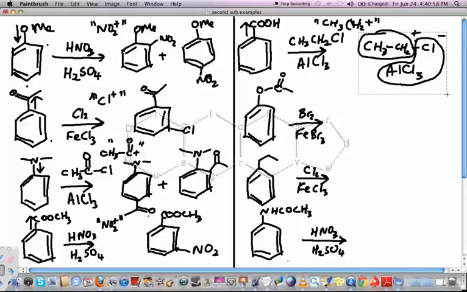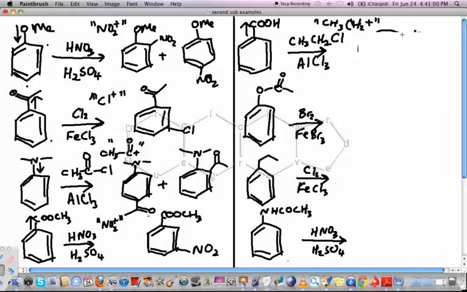Remember, the rule for rearrangements is that if it can rearrange it will. In this case it can't, so it won't. Alright, so there's our electrophile, and now we can go ahead and add it to the ring, and since this is a deactivating group, then we're looking at a meta product.